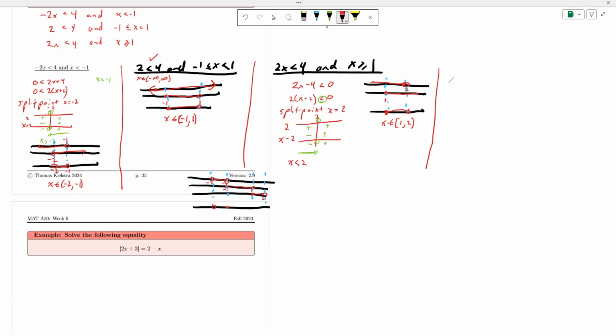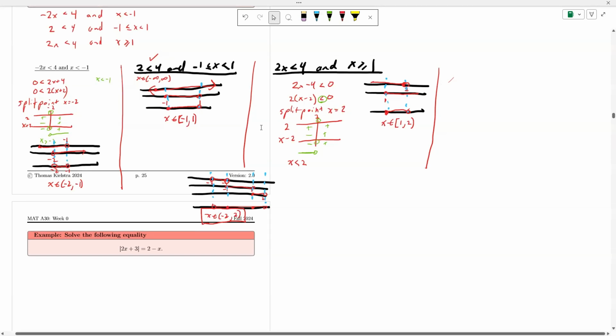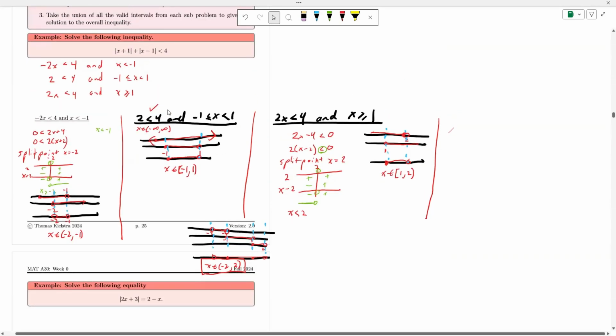And it still exists at 1 and up to 2, but not at 2. And it exists everywhere in between. So this is x going from -2, not including, up to and not including 2, giving us our final interval. We can start to see our problems becoming quite involved.